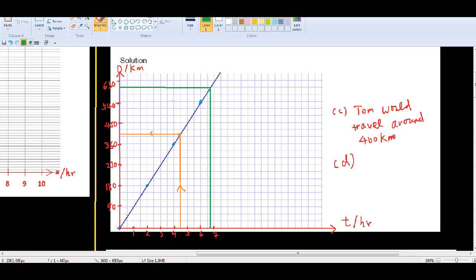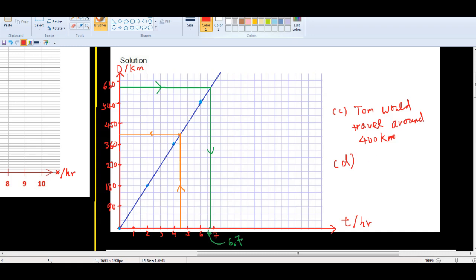Alright, okay, so let's see what value here. It looks like more than 6.5, but a bit more than 6.5, not halfway between 6.5 and 7. So let's say 6.7. Right, let's say this is 6.7.